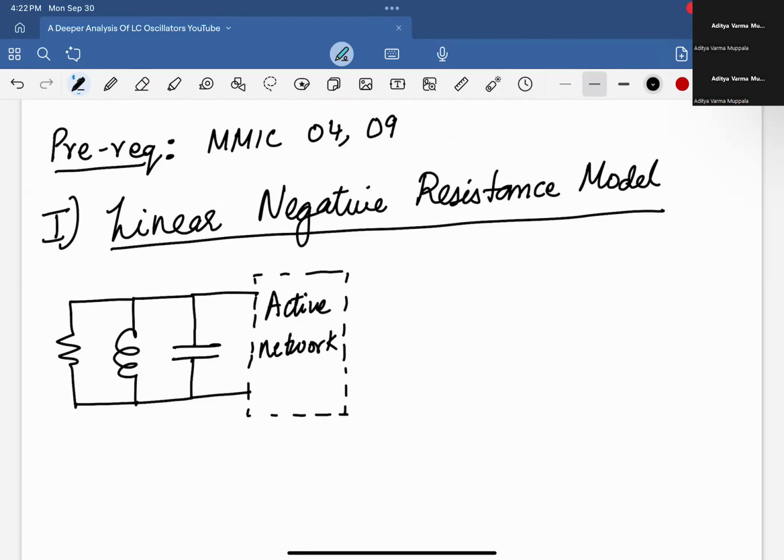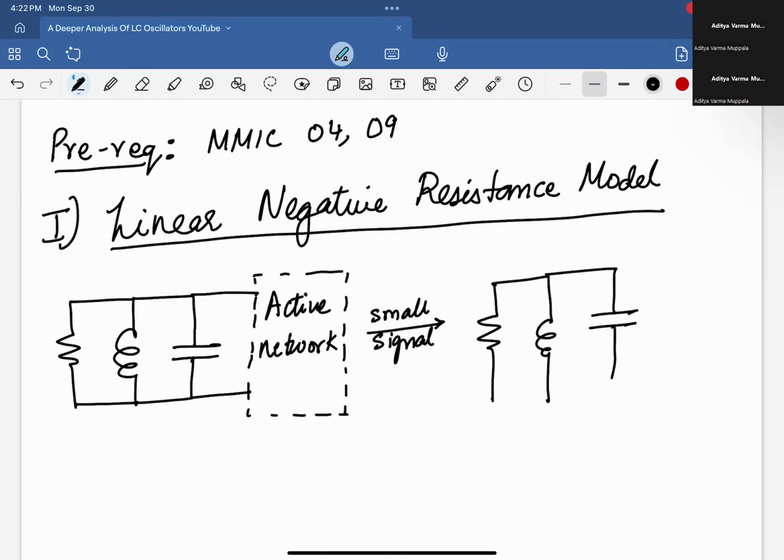So in that video, we said for at least the startup condition, we can model this as a small signal circuit, which is just the same thing. And then this active device could be modeled as negative resistance, as minus R, where this minus R we found to be -2/gm, right, with the transistors.